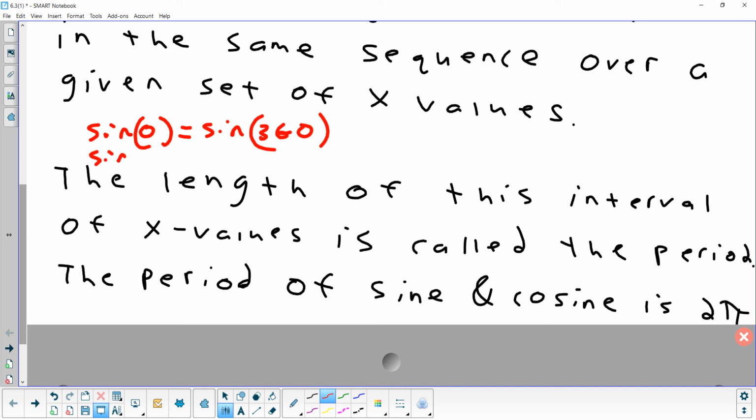The sine of 1 is going to be the same as the sine of 361. The sine of 2 is going to be the same as 362. So once you've gone beyond 359 degrees, all the answers that you get are going to start repeating themselves, because you can add 360 to any number and you get the same answer that you got before. Okay. Any question on that idea?